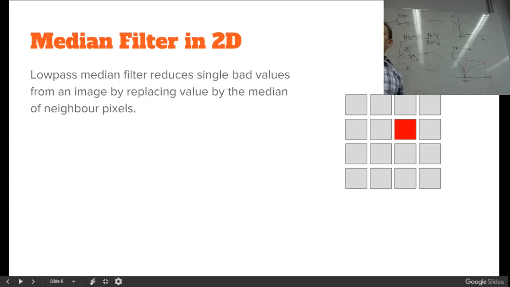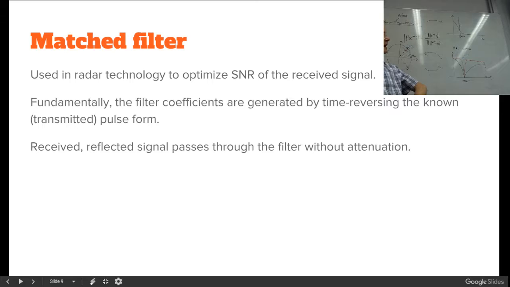When you are calculating the median of those, it will be gray, and you replace that red value there by the median of its neighbors. It will be gray. So yeah, 3 by 3 median, and that's it.